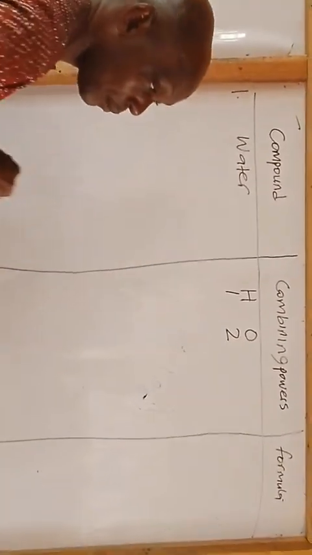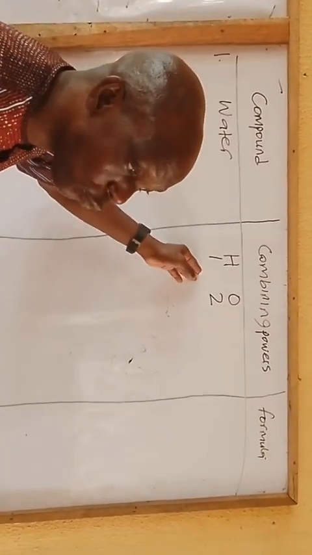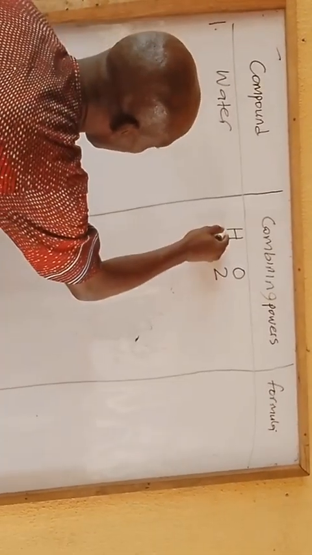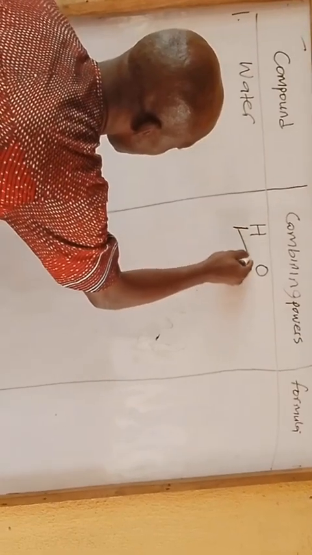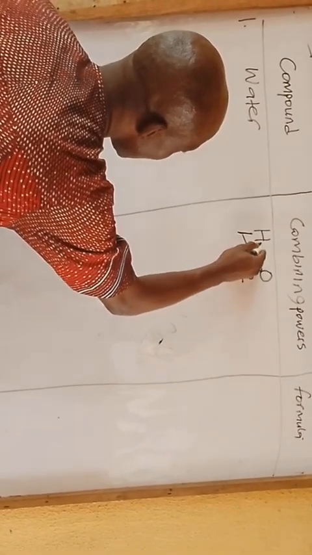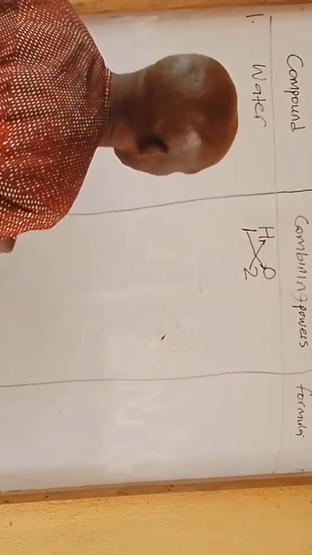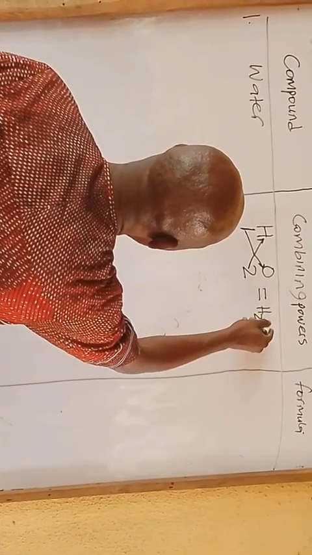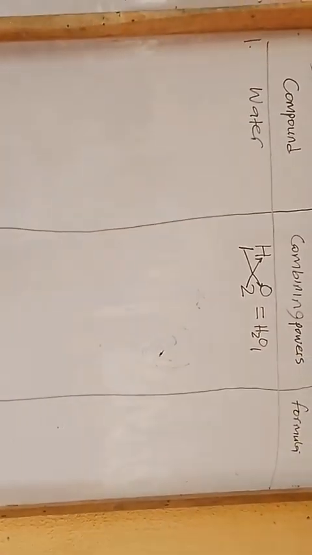After writing this, the next thing is to exchange their valencies. The 1 that belongs to hydrogen goes to oxygen, while the 2 that belongs to oxygen goes to hydrogen. They exchange their valencies, and in that case it becomes H2O1.